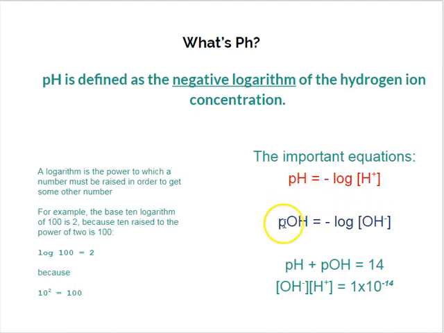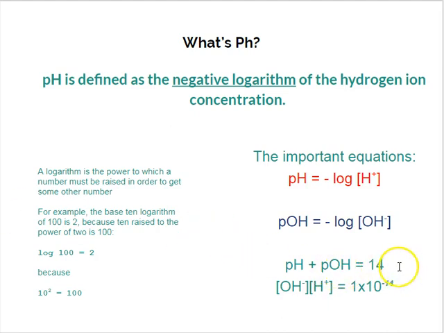If we wanted to calculate the pOH, that means the power of the hydroxide ions, which is equal to the negative log of the hydroxide concentration. So in all, if you took the sum of the pH and the pOH, this must always equal 14.